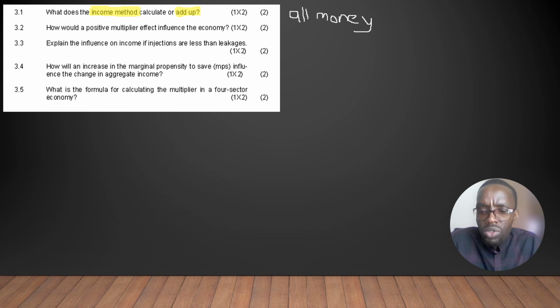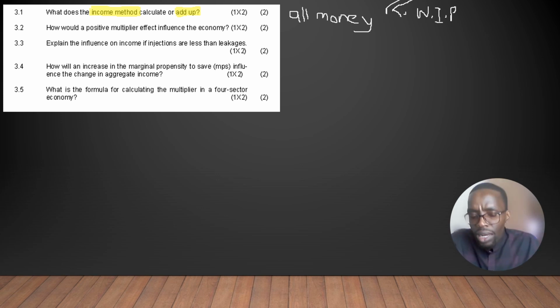And examples of this, we would recall that we have things like rent, wages, interest, and profit. So these are all the things that are included in our income method. We are going to look at the rent, the wages, the interest, and the profits. That's what the income method looks at.